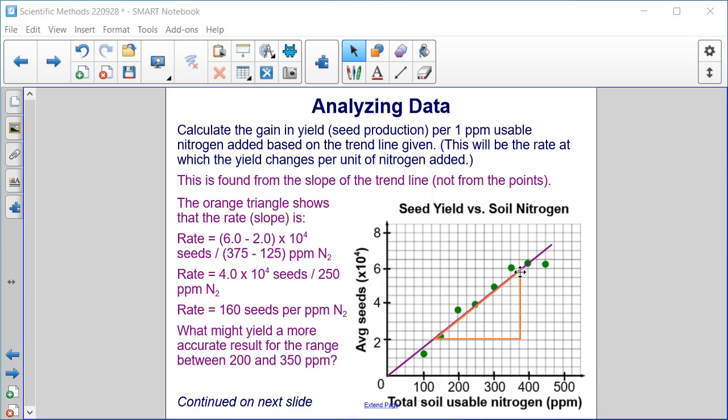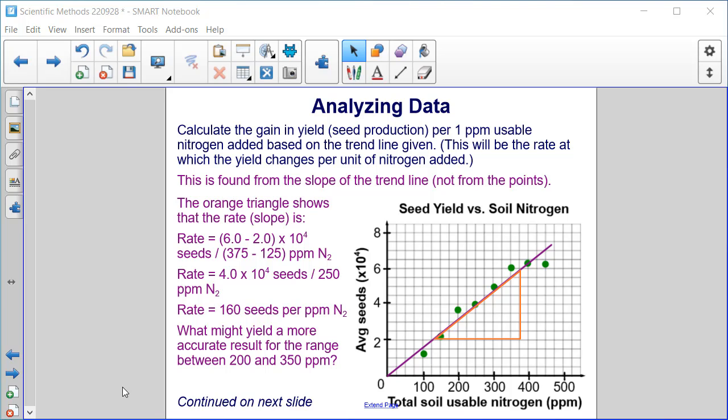X here is 375 minus x here is 125 parts per million of usable nitrogen. That's 4 times 10 to the fourth seeds per 250 parts per million of nitrogen, which is a rate of 160 seeds per part per million nitrogen.